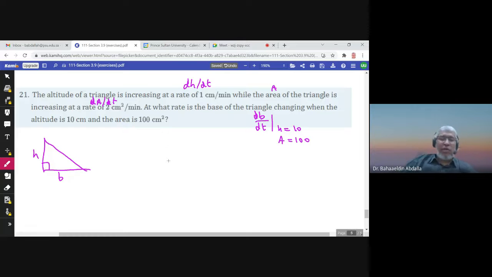Well, what is the relation between A, B, and H? We have three variables.